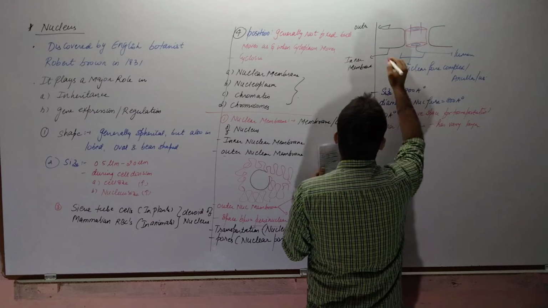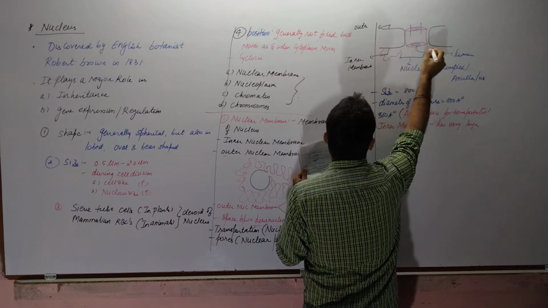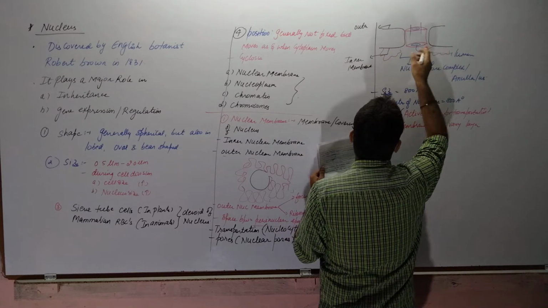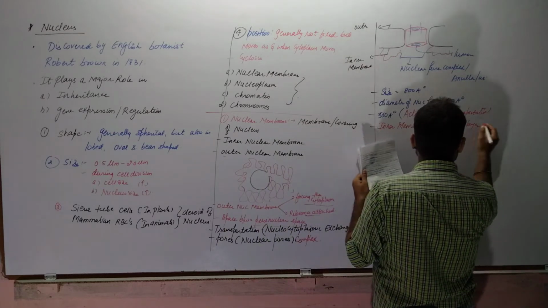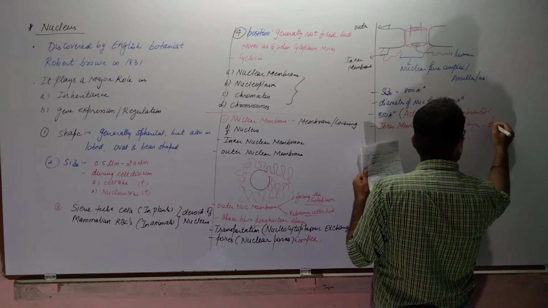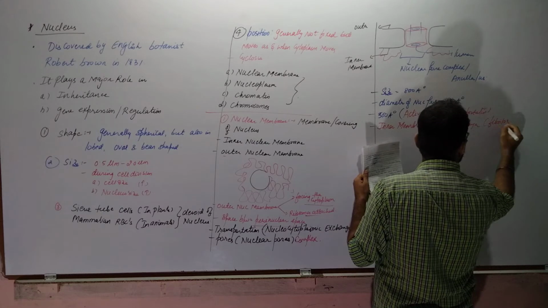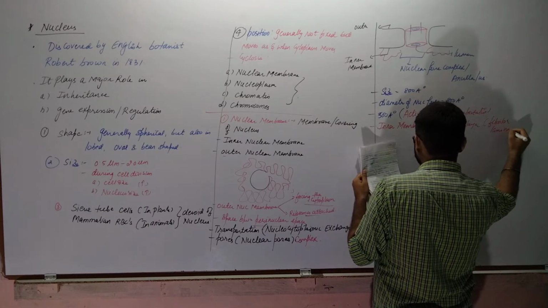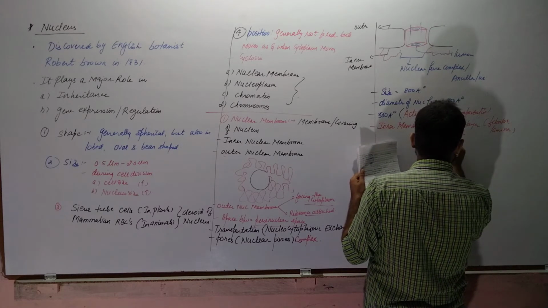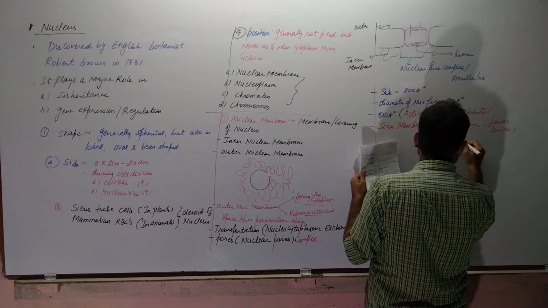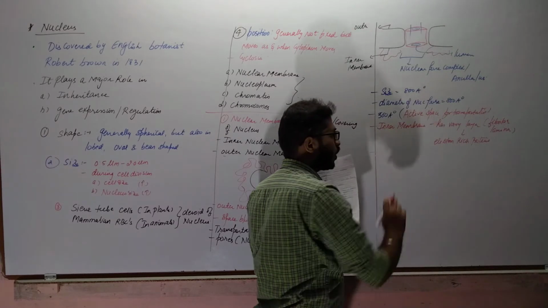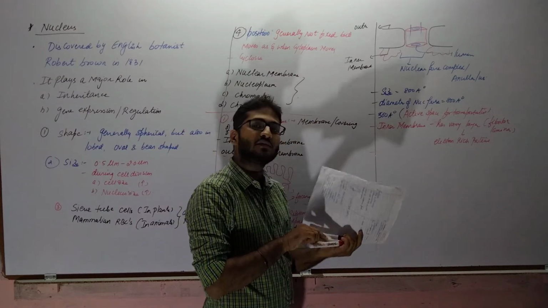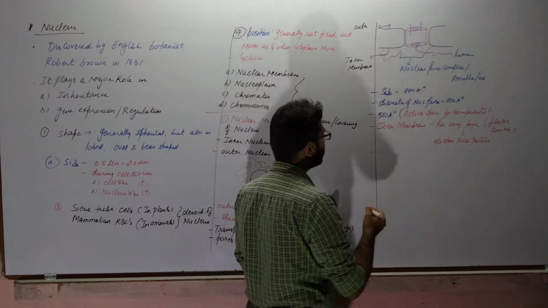Wavy layer means something like this. It is not a continuous layer. This wavy layer is what we call the fibrillar lamina, made up of electron rich proteins, and the main job of this fibrillar lamina is to support the inner nuclear membrane.